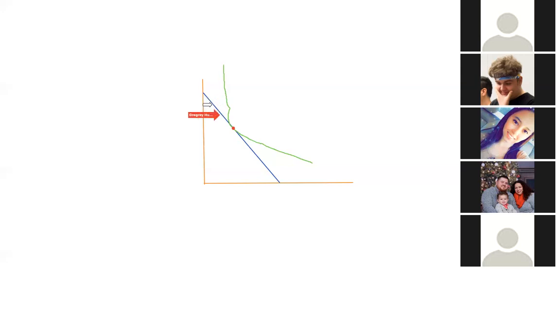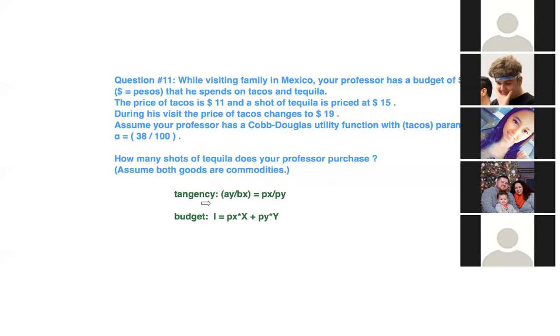And so a straight line graphed is also a curve. Are you following me, Joseph? So here, the slope of both curves is the same. And that's our tangency condition.